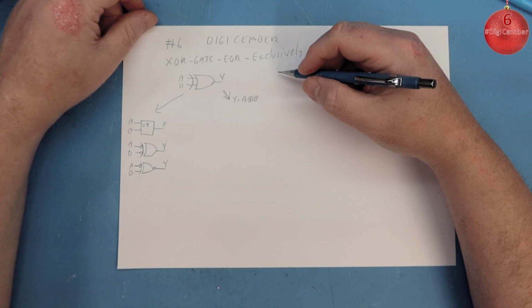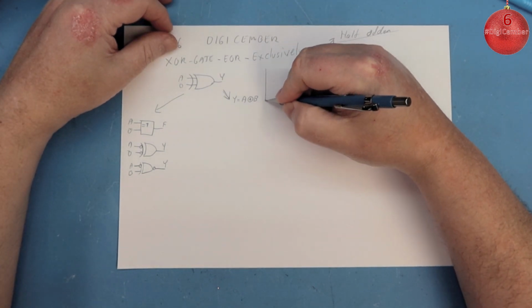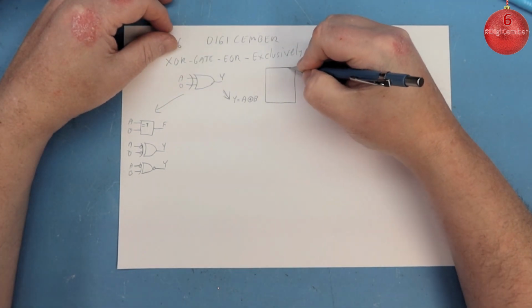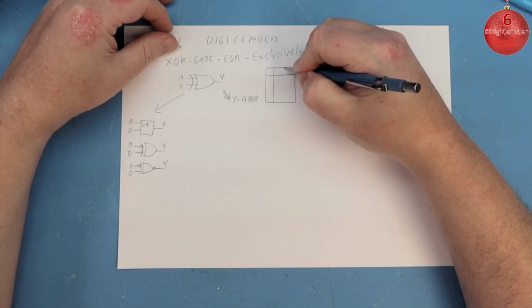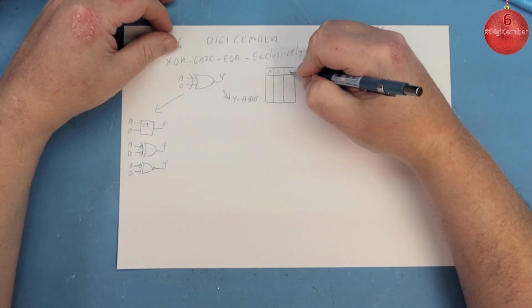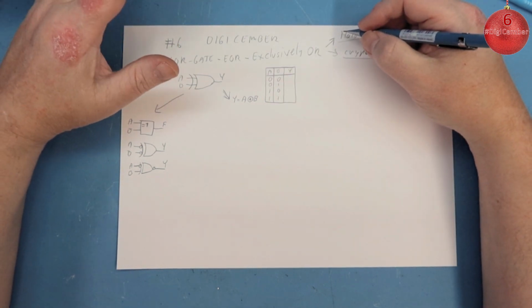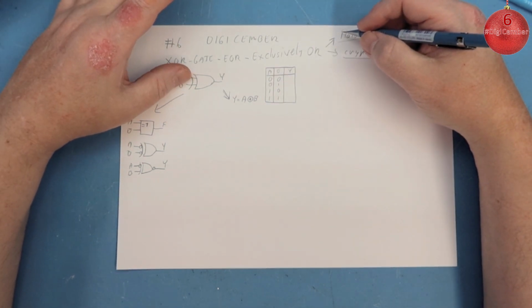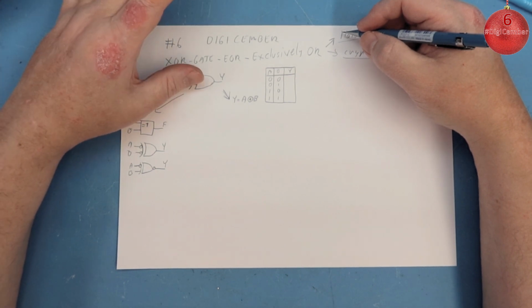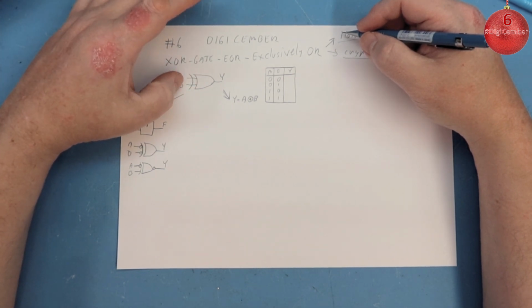What is the truth table for this chip? Let's quickly write this up. This chip, or this gate, is meant to go high when there is a difference on the inputs.